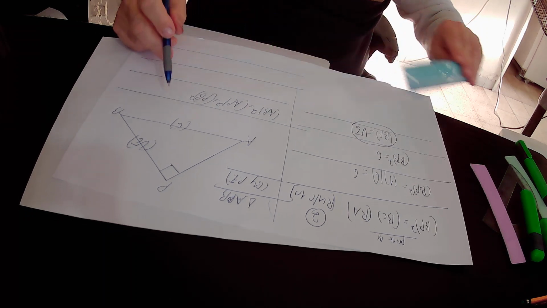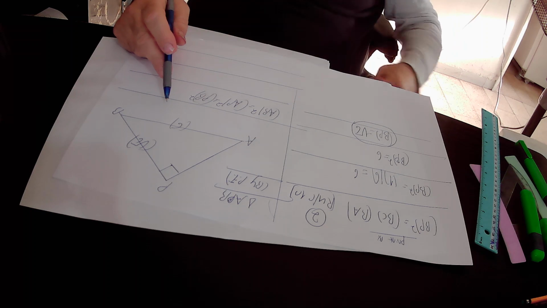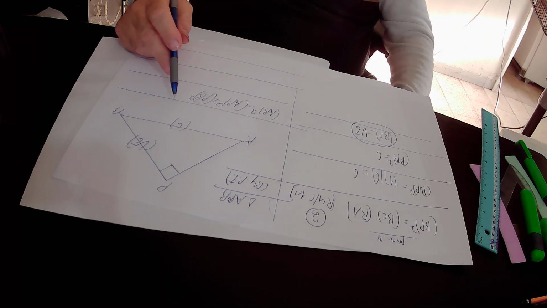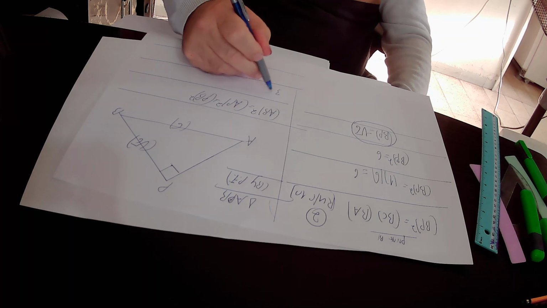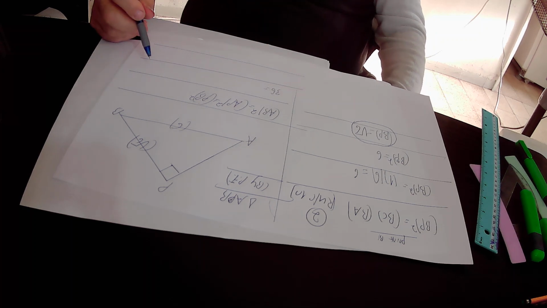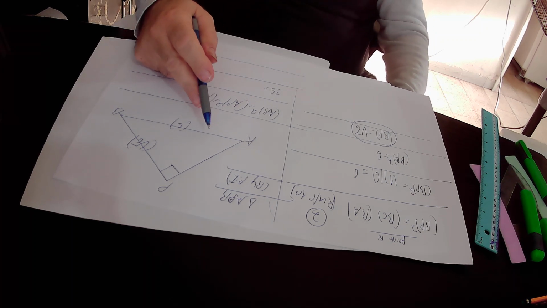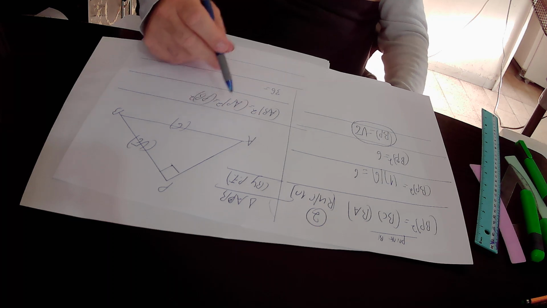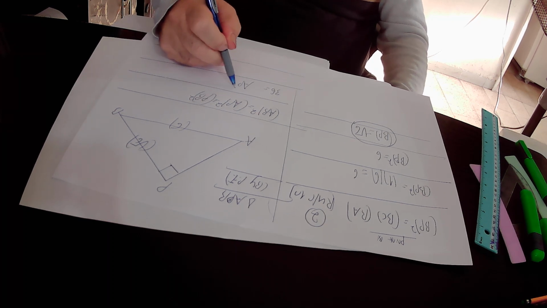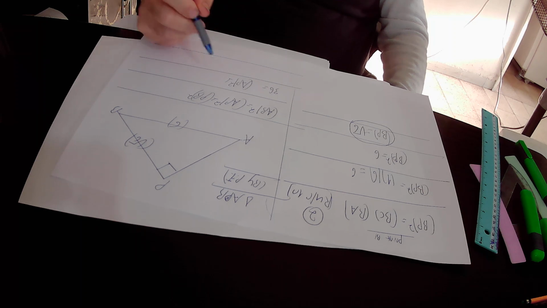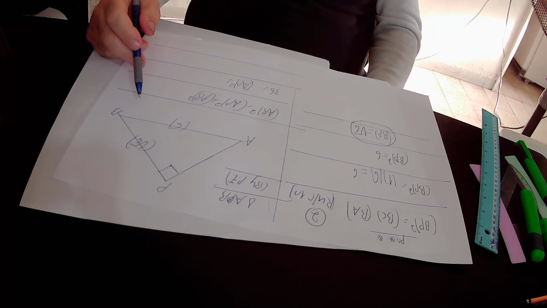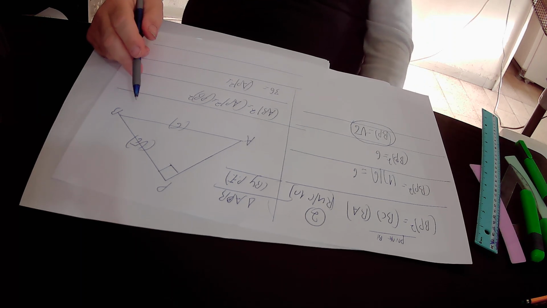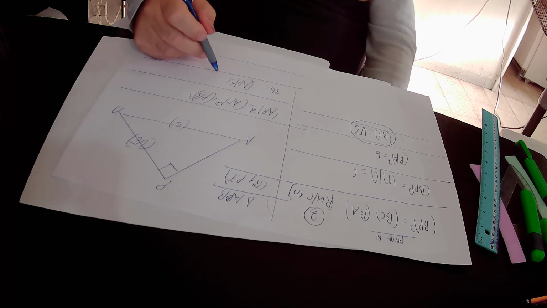The hypotenuse AB equals 6, therefore AB squared is 6 squared, that is 36. And it equals AP squared. AP is the missing side, so we leave it as it is. Plus PB squared. PB is the square root of 6, therefore PB squared is 6.